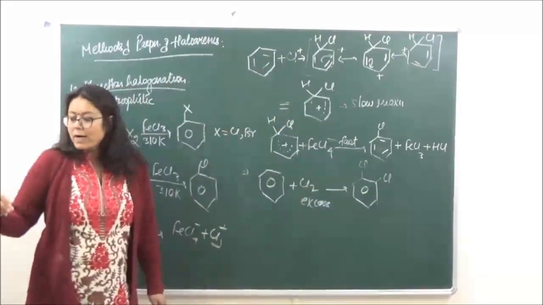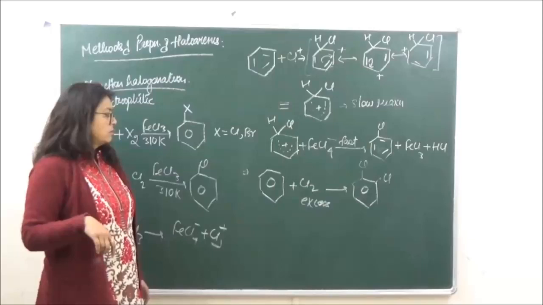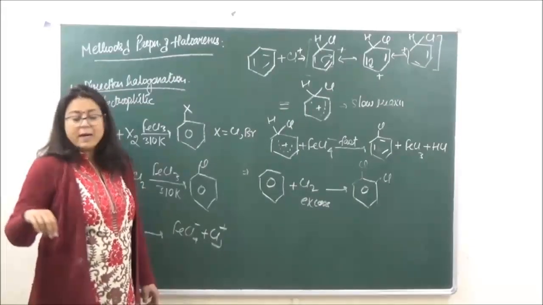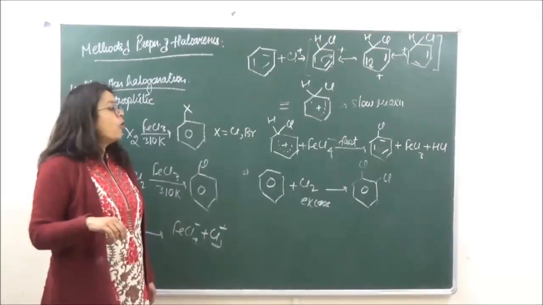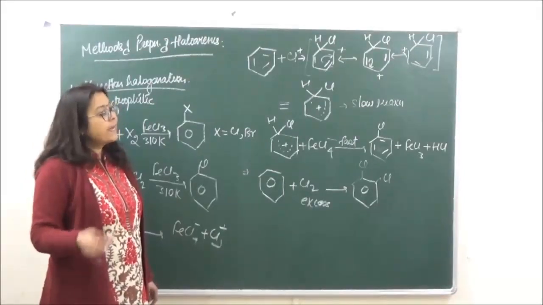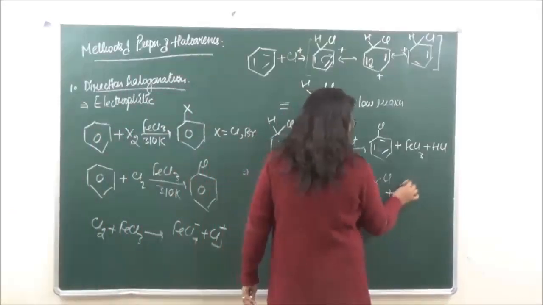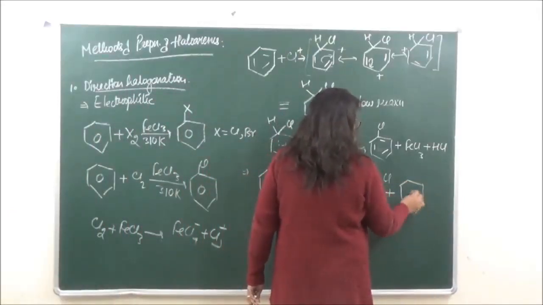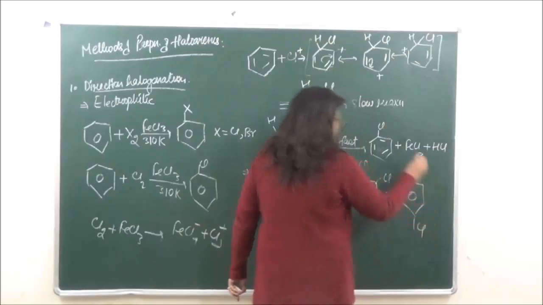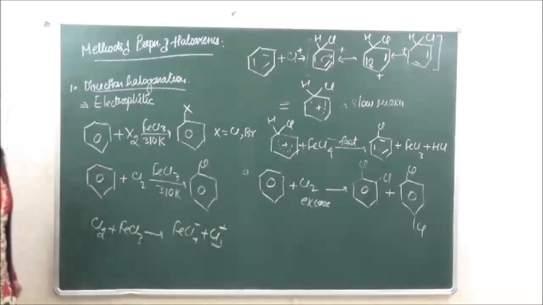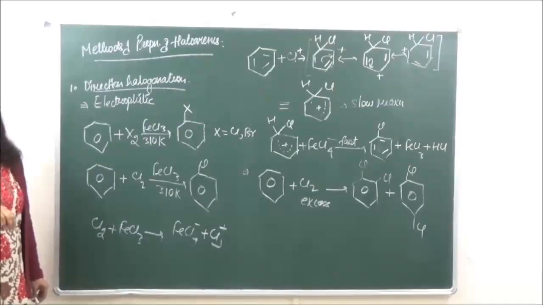So this is 1,2-dichlorobenzene, or it may also be written as 1,2-dichloro या ortho-dichlorobenzene. Okay, and we get para-dichlorobenzene. Okay, so we're taking this in excess.